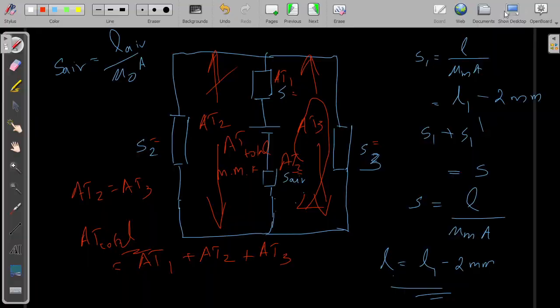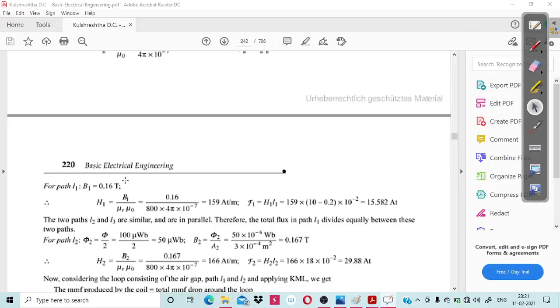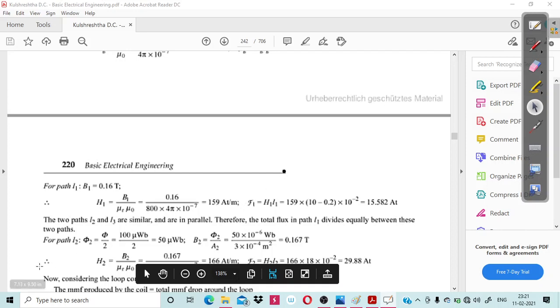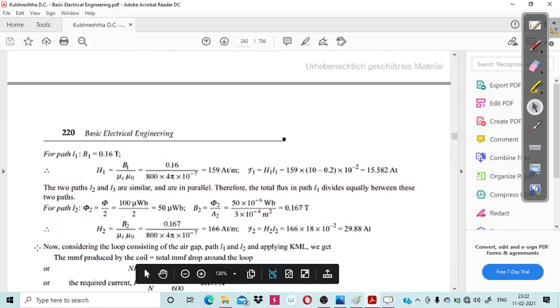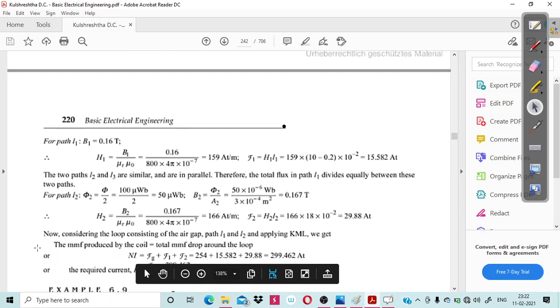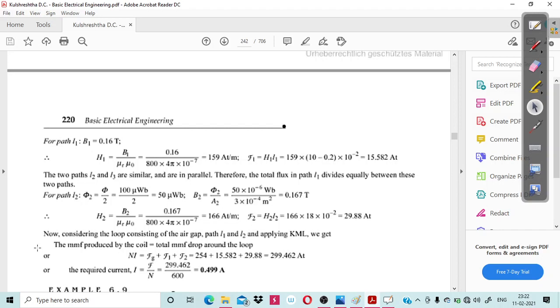So that is what they have calculated in this textbook. So H2 will be equal to H3, and H2 into L2 will be equal to H3 into L3.